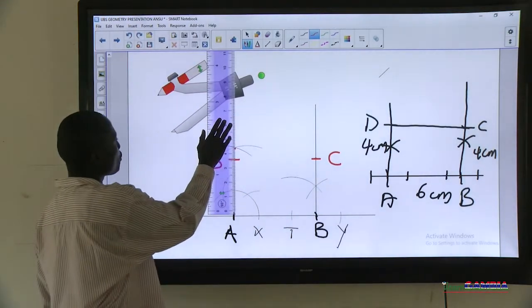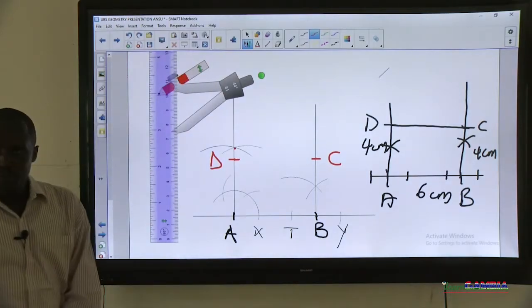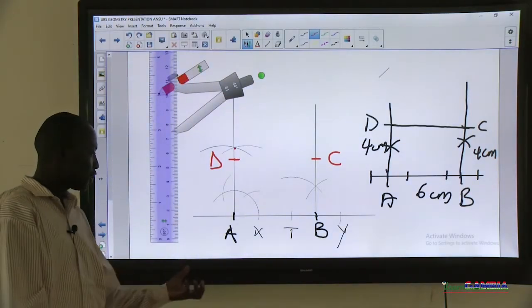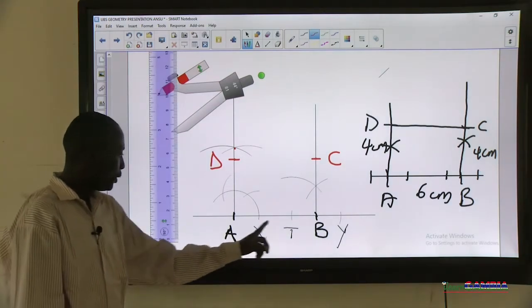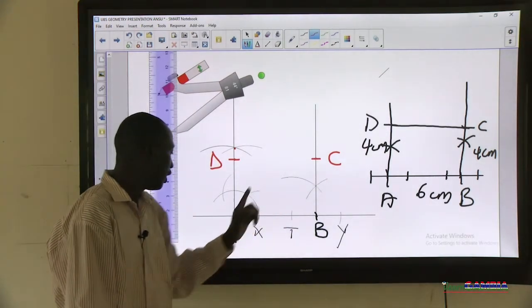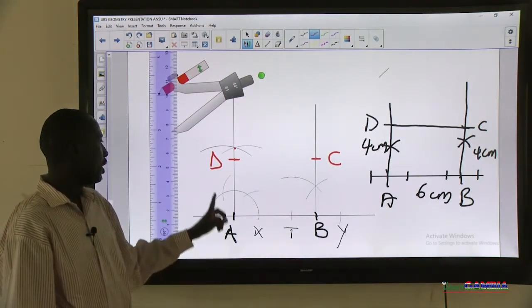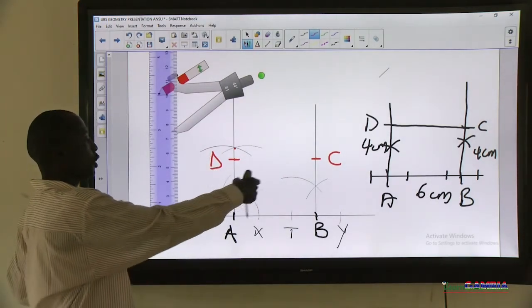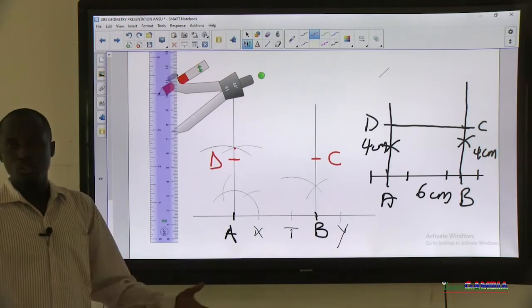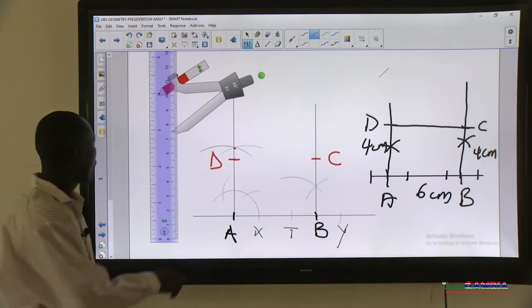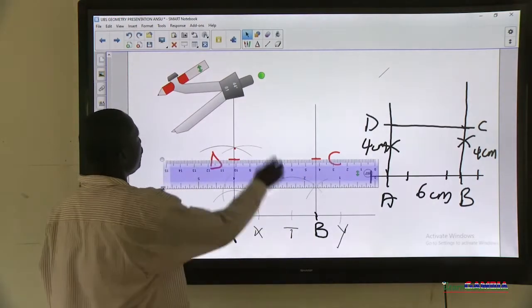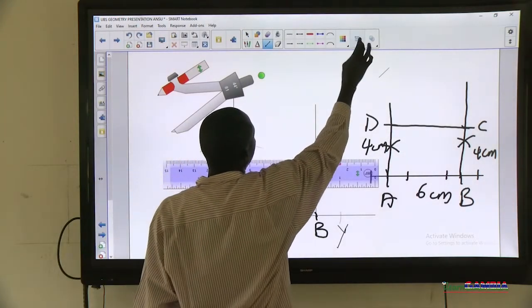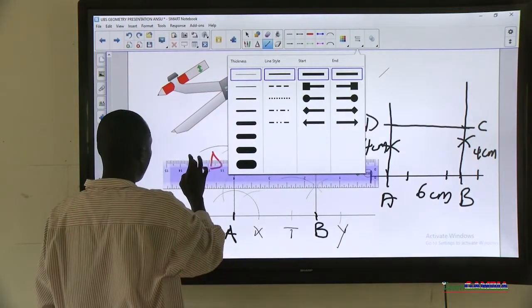Then what are we supposed to do? Now we've already got 3 sides of the rectangle. We have AB, we have BC, and we have AD. Then we are going to join D to C to complete the rectangle. We join D to C with a straight line to complete the construction.